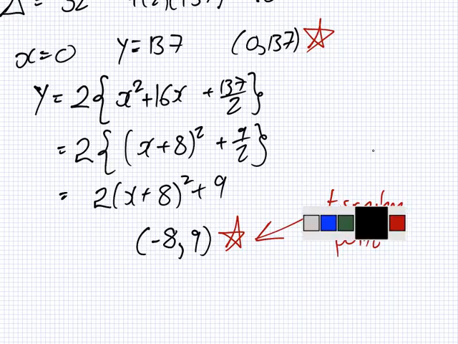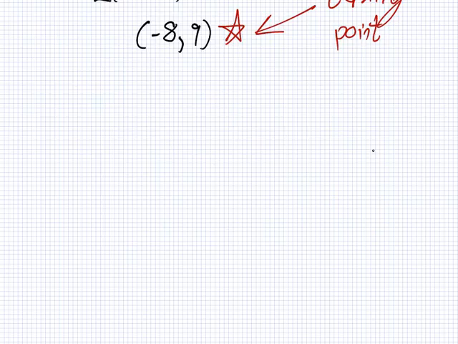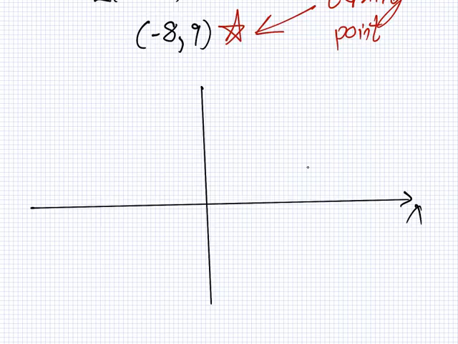Yeah. So that means when we go to that point, we have to turn the curve around when we hit it. So let's draw this one. 0, 137. Okay. So 0, 137 will be up high. And then minus 8, we'll just put it like here.